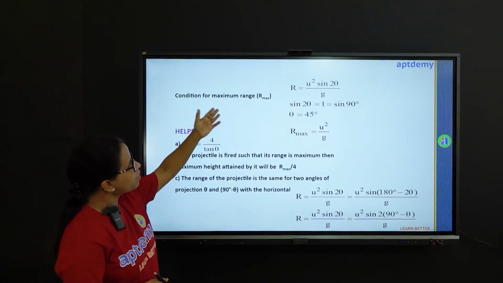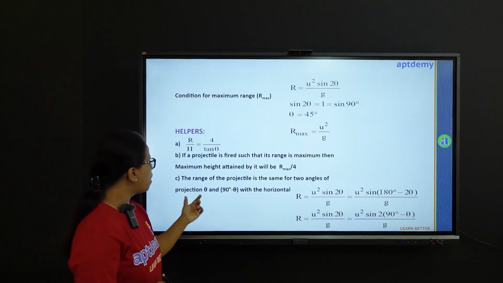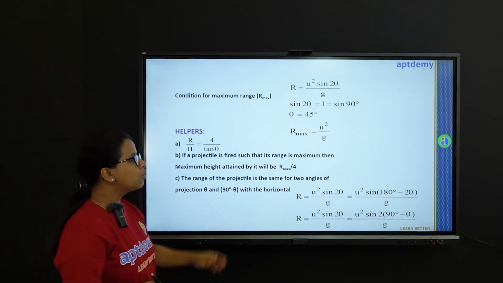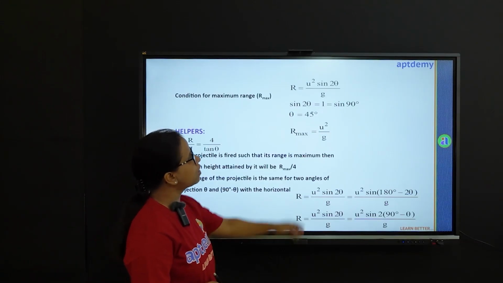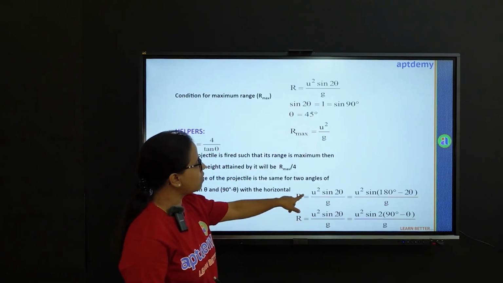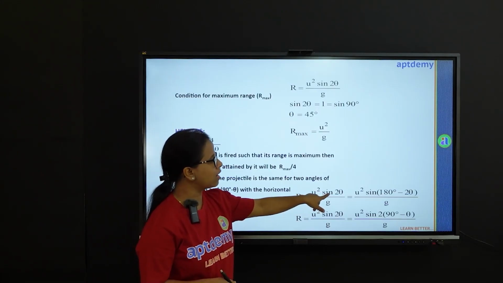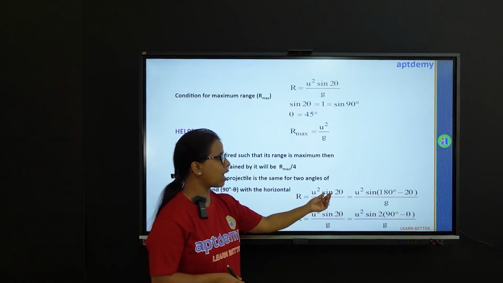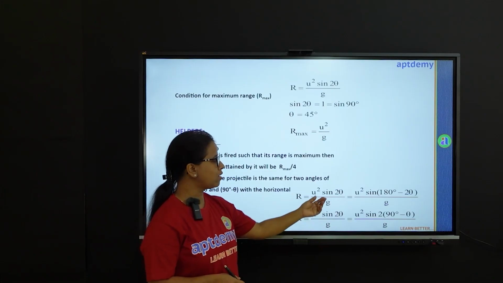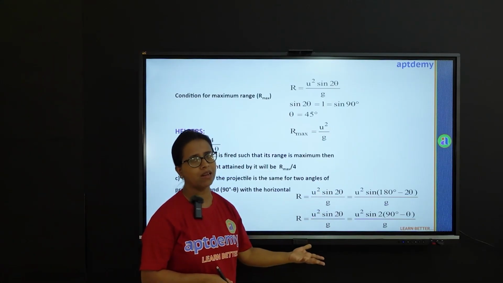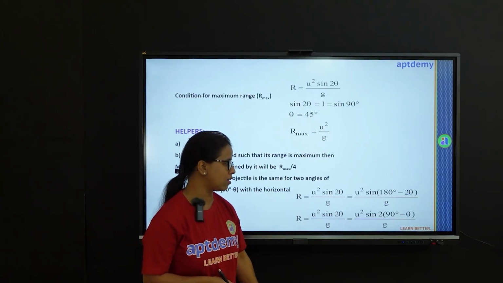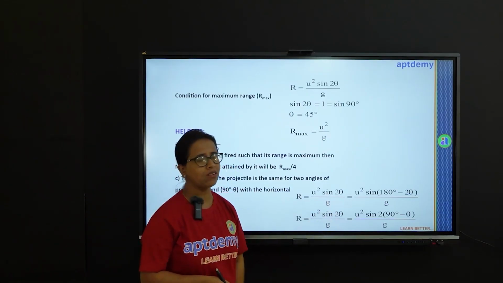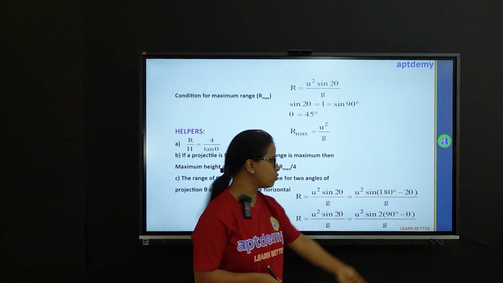Now from the formula for range, we can see that the range of the projectile could be the same for two possible angles of projection. If you take note of this drawing, you can see that R equals u square sine 2 theta by g. Now sine of any angle can be written as sine of 180 minus that angle. That is, sine theta is equal to sine of 180 minus theta. So sine 2 theta we can write as sine of 180 minus 2 theta.